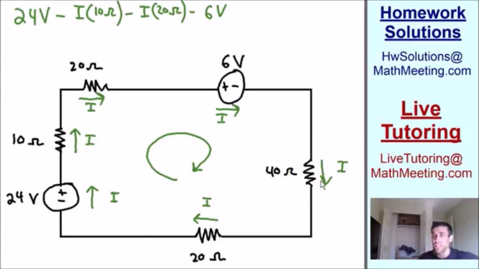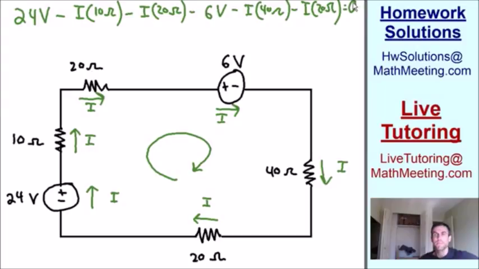Once again, we're going with the current, so it's going to indicate a negative voltage change. So it's going to be the negative current multiplied times the resistance of 40 ohms. And doing the same exact thing with our last resistor, it's going to be negative I multiplied times 20 ohms. And once again, all of these voltage changes, according to our loop rule, are equal to 0.